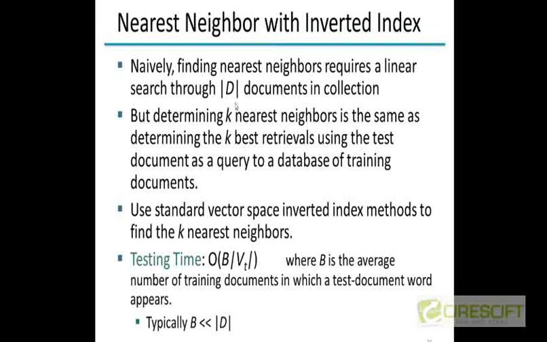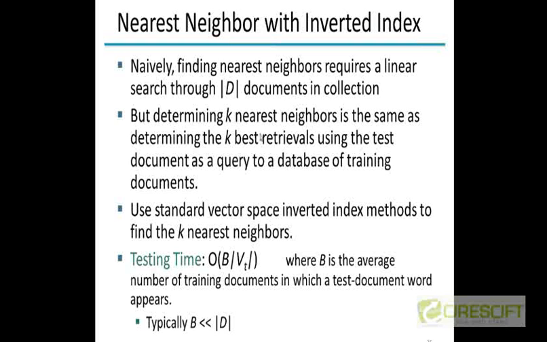Right, so that won't require you to examine every single document in the collection, because you will just look at the relevant postings lists in your inverted index corresponding to terms in your test document. And then you can use the optimization techniques that we discussed in chapter 7, which can speed up even this kind of retrieval. Okay, so using standard vector space inverted index methods can speed up finding the k nearest neighbors.